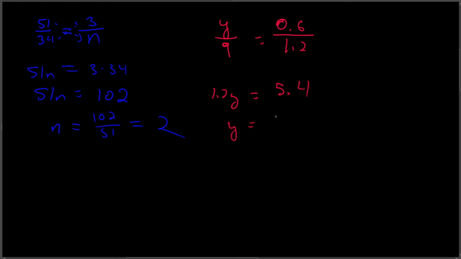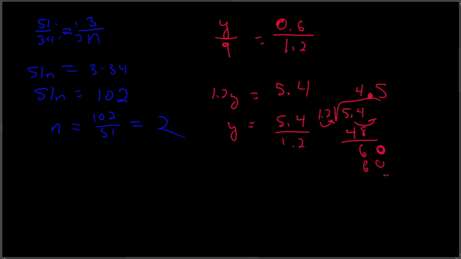Now I can divide both sides by 1.2. We'll turn this into a division. I think that's the best way to go. So I'll move my decimal place over 1 here, and I'll move my decimal place over 1 here. 12 goes into 54 4 times with 6, and I'll bring down my 0, and it goes in 5 times. So y is equal to 4.5.